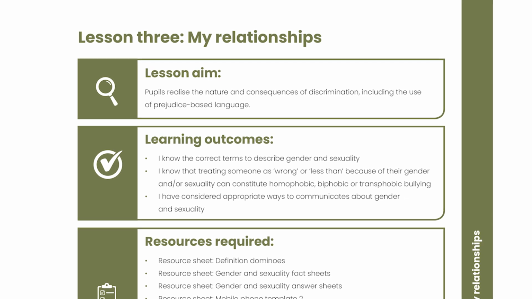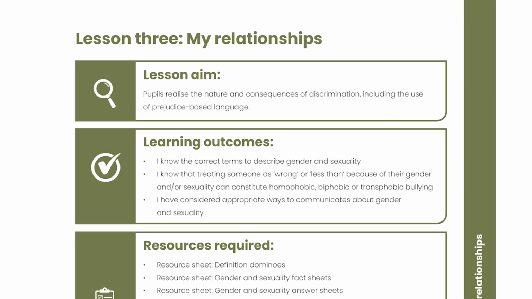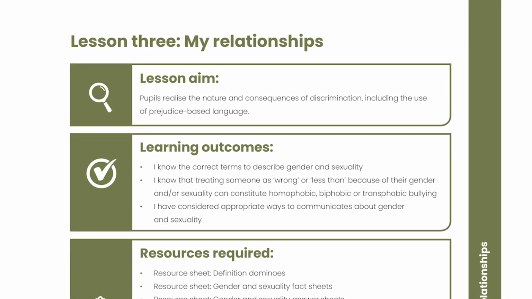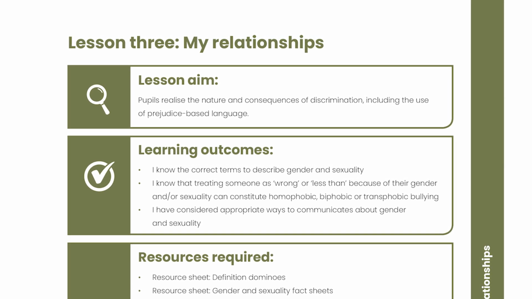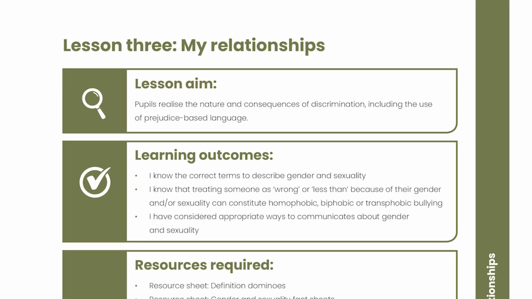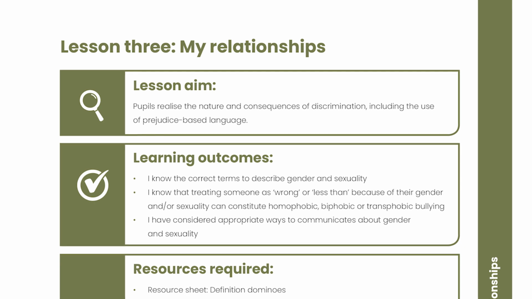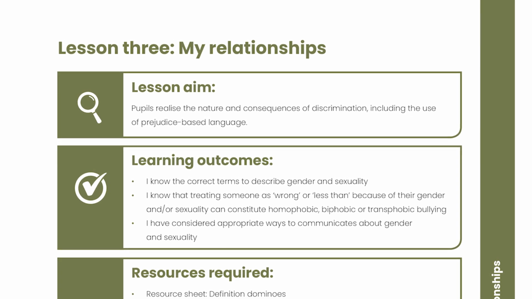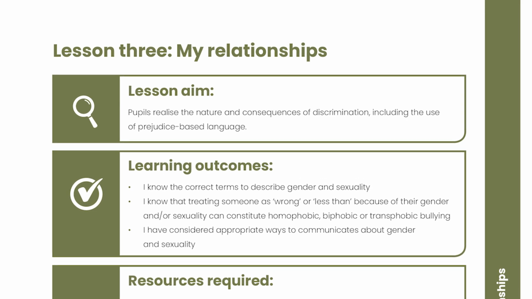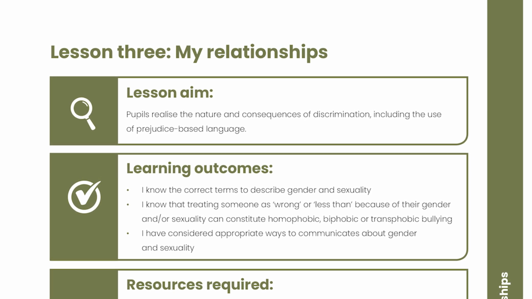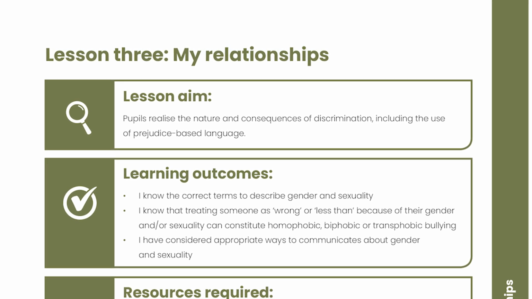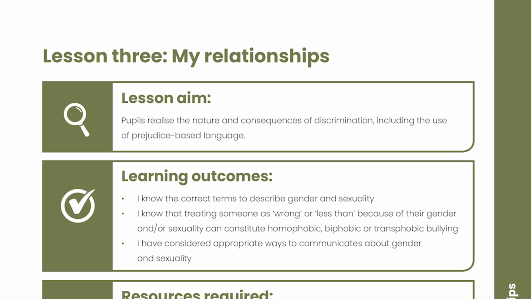In this lesson aim, we're going to look at the nature and consequences of discrimination, including the use of prejudice-based language. The learning outcomes are to show the children the correct terms to describe gender and sexuality. I know that treating someone as wrong or less than because of their gender or sexuality can constitute homophobic, biphobic or transphobic bullying.